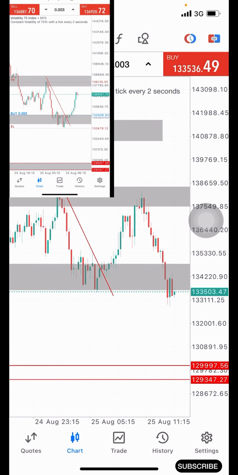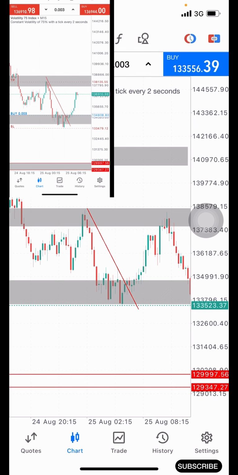So what I'm trying to say is that if you know what you are doing in the market, you will not be scared. You'll be able to hold your trade till it gets your level of target, and if it doesn't, that's the game. You either win or you lose. One of them must happen.